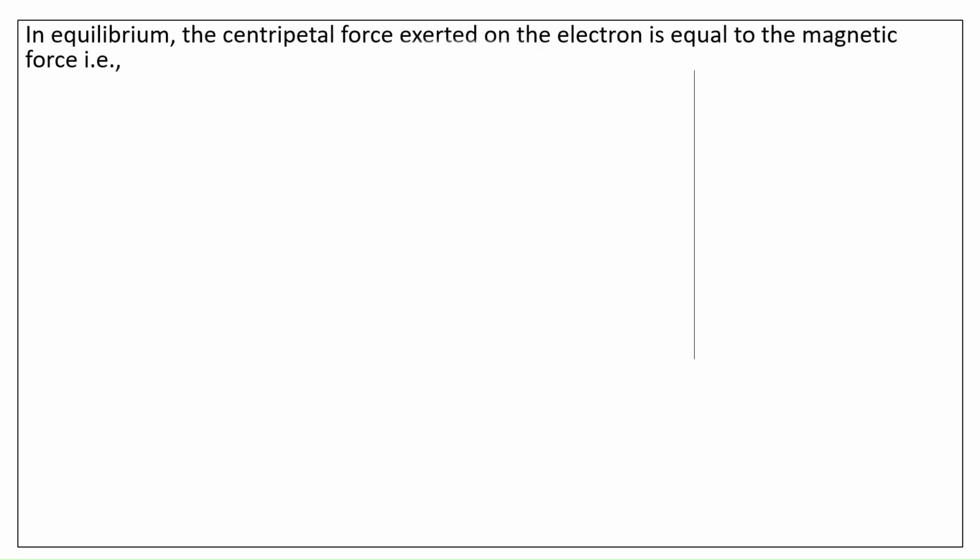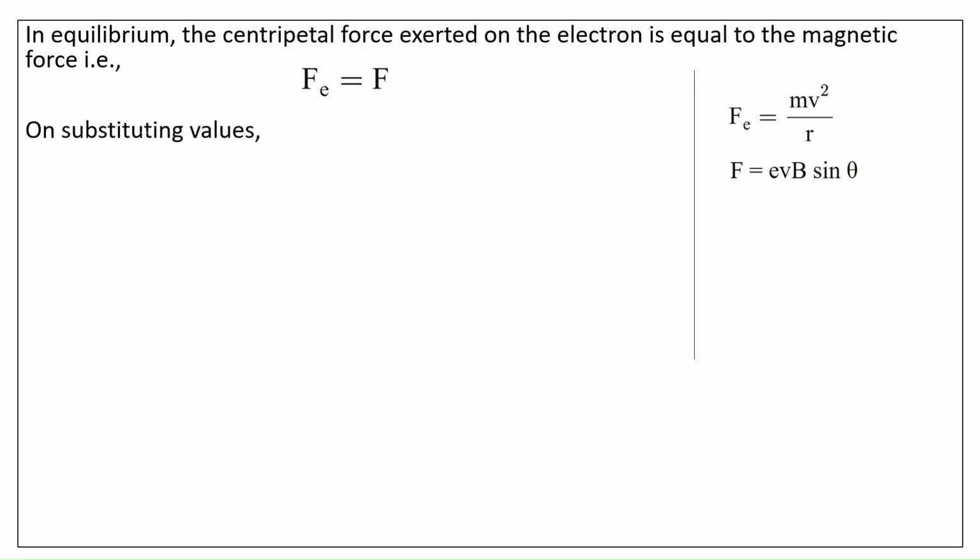In equilibrium, the centripetal force exerted on the electron is equal to the magnetic force, that is, Fe = F. Substituting values in the above equation, we get mv²/r = evB sin theta. Now, equate to r. Here v cancels, so we get r = mv / (eB sin theta).